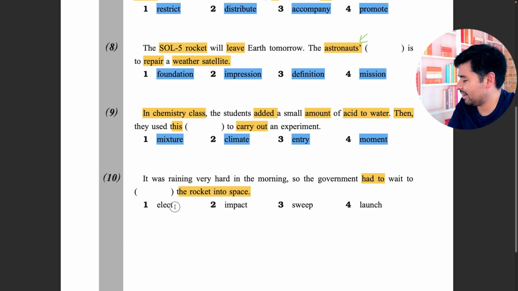To elect, impact, to sweep, or to launch. So it was raining very hard in the morning. So the government had to wait to what? What they had to wait to do with their rocket? What is the word that we use here? So tell me what you think about.